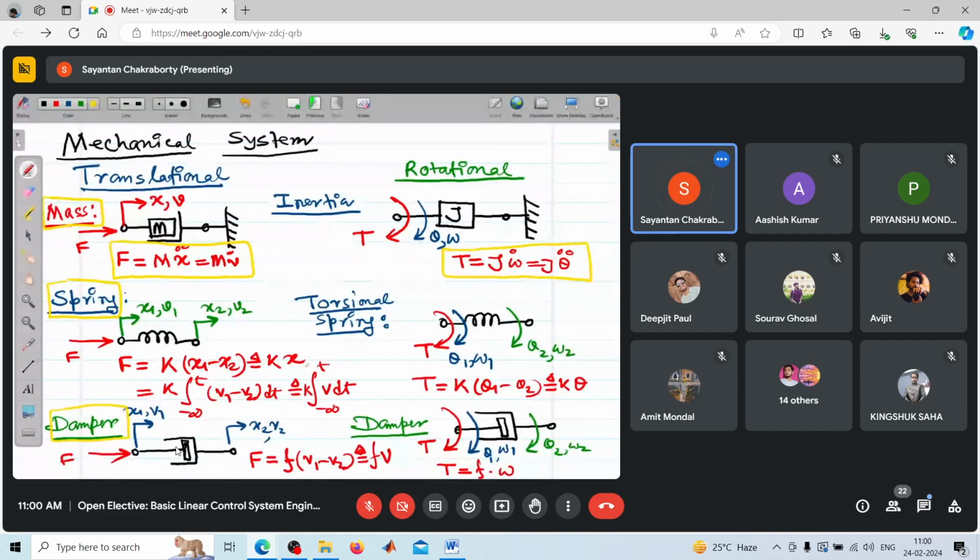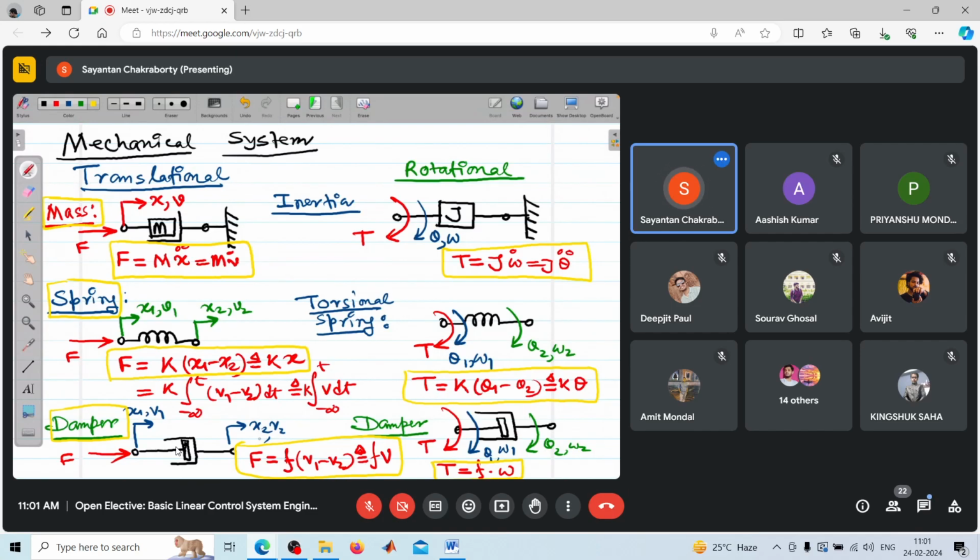This gives for the spring relation between force and the linear displacement. This gives the relationship between torque and the angular displacement, force and torque and angular velocity, force and linear velocity. Right?